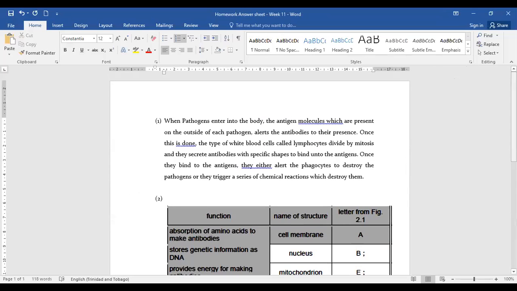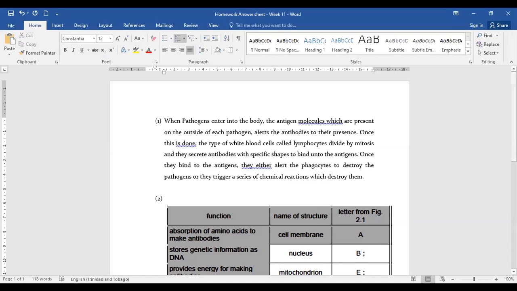Once they divide, they secrete antibodies with specific shapes, which bind onto the antigens, and they would either alert the phagocytes to destroy them, or trigger a series of chemical reactions, which would enable them to destroy the pathogens.